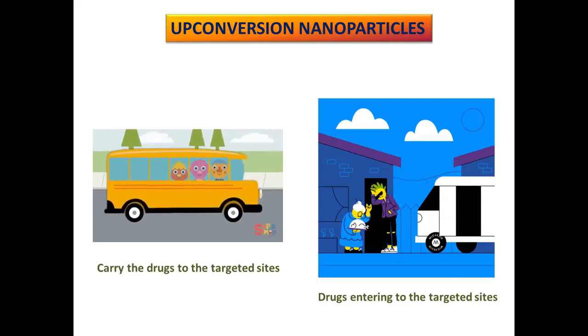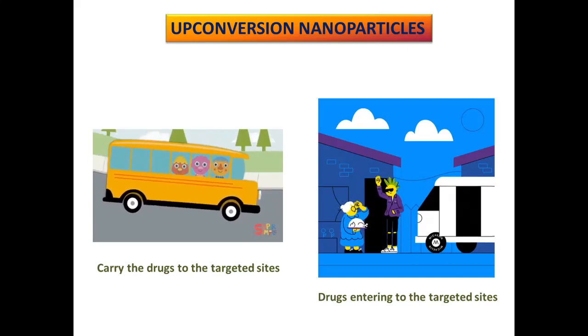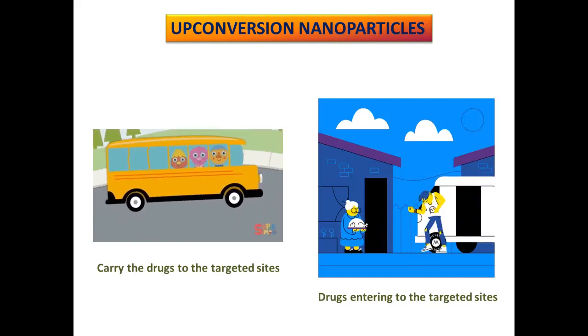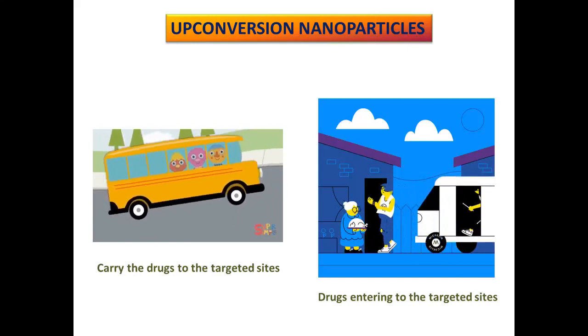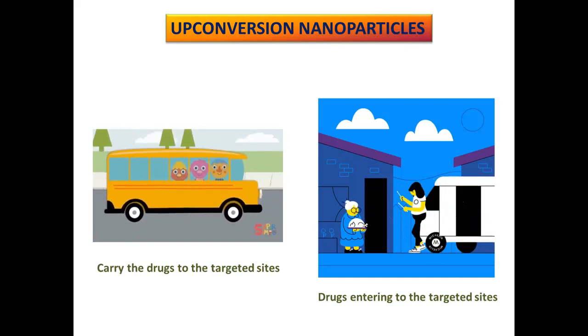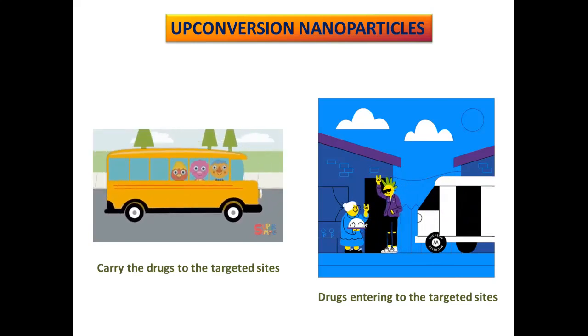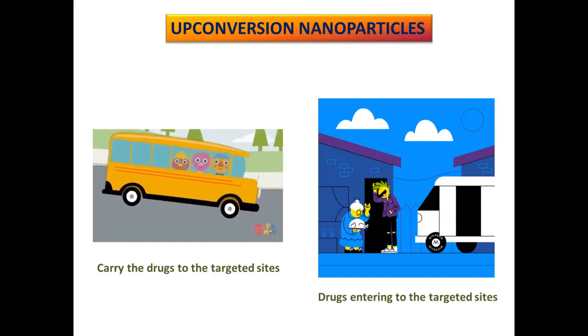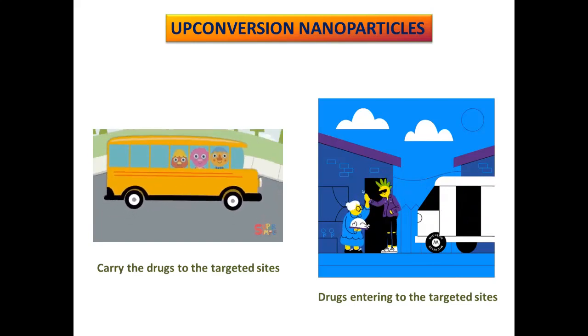So exactly, I have shown a GIF here, like a bus is traveling. Then the people are getting down from the bus and getting into a home. Just to make it understood: if you want to go to a place, we take the help of a vehicle so that we can reach a particular place properly, like from home to school or college or any destination, either with a scooty or with a bus, any type of vehicle.